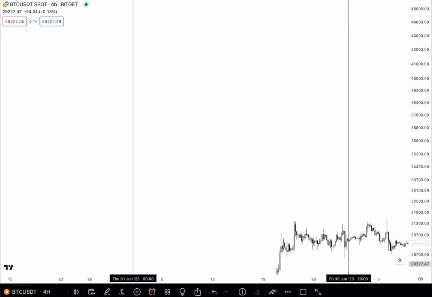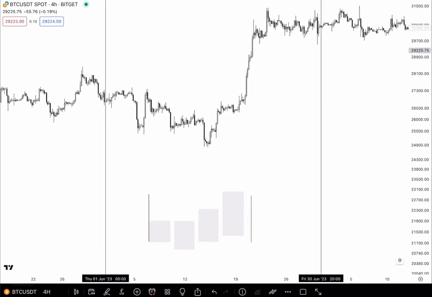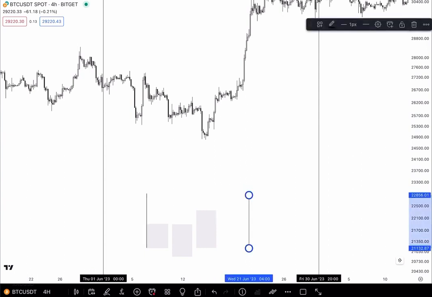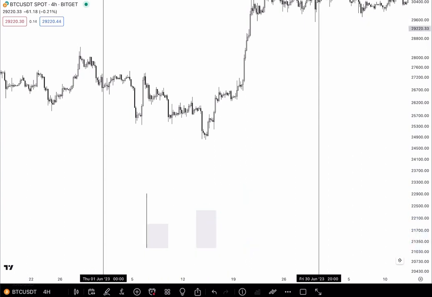So anyway, let's finish up with the monthly candle power of 3, the open, high, low, and close.